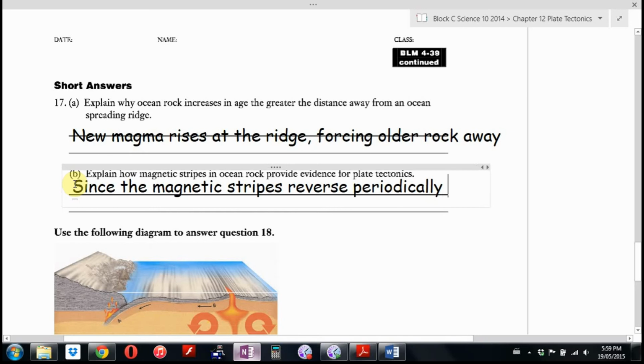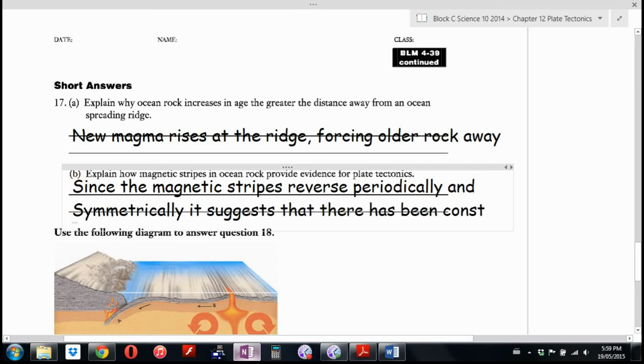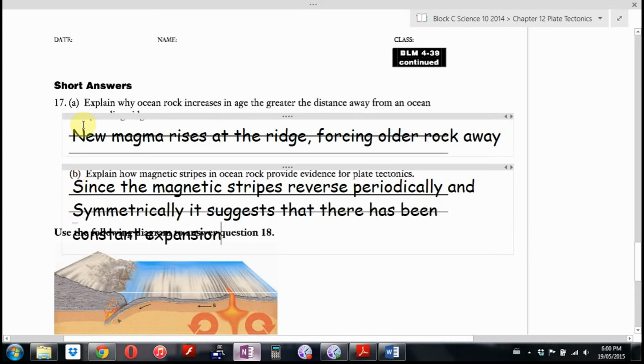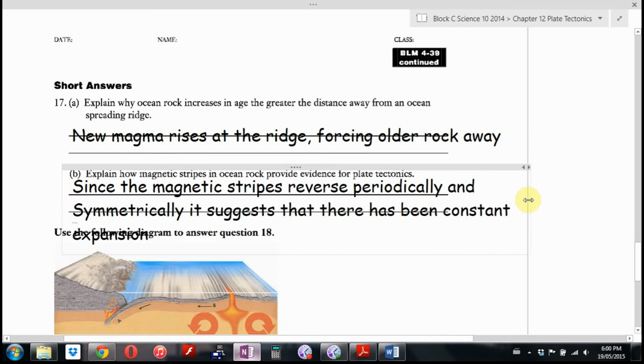Since the magnetic stripes reverse periodically and symmetrically, in other words, on either side of the ridge, it suggests that there has been constant expansion.